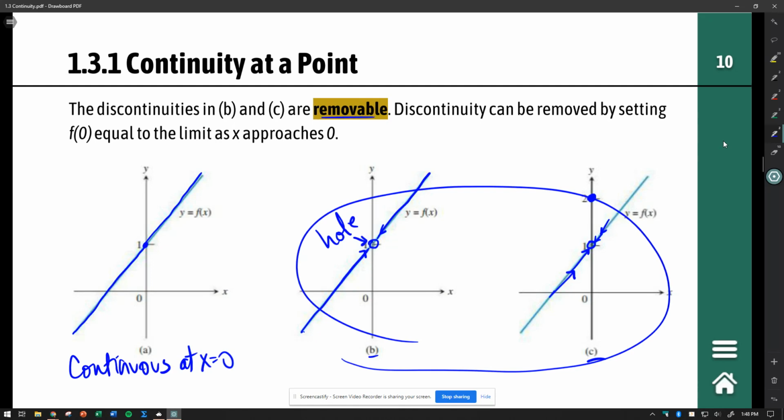They're called removable because the discontinuity can be removed by setting f of 0 equal to the limit as x approaches 0. In other words, you can remove the discontinuity by changing just one point. We would add a point to part B, and we would move a point in example C. So these are called removable.